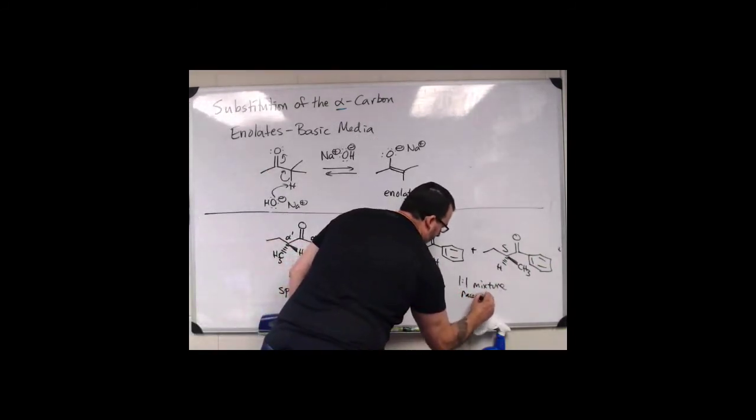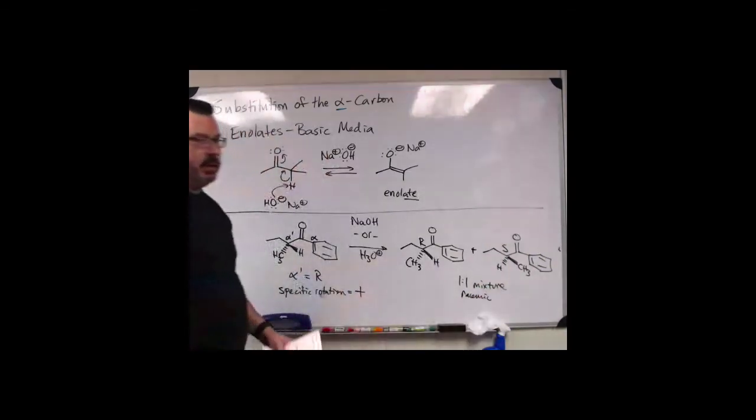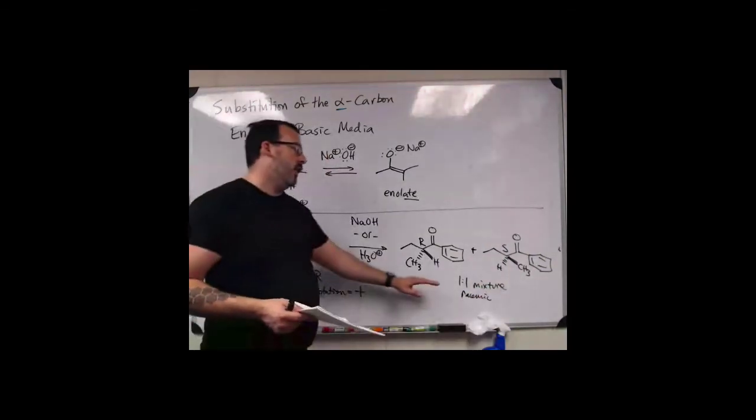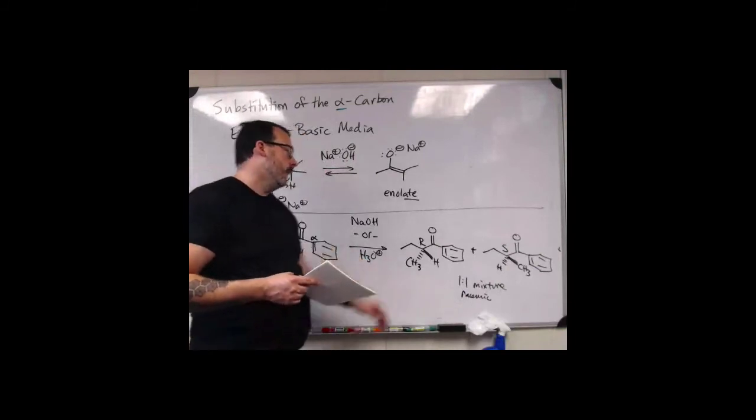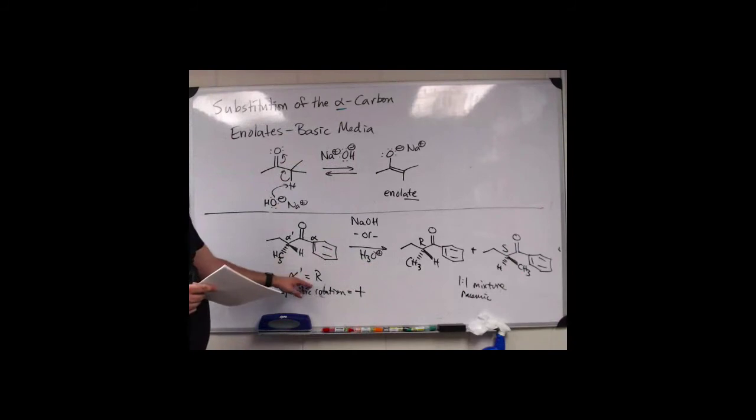Again, it's not going to have any optical rotation. The value of the optical rotation will be 0. So if you're starting with R, you end up with a 1-to-1 mixture of R and S.